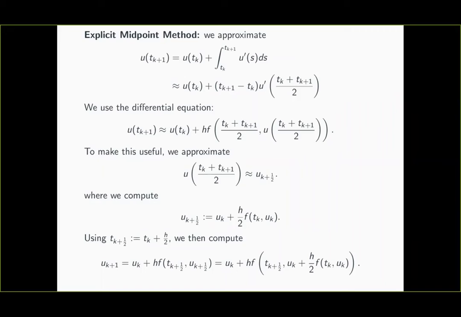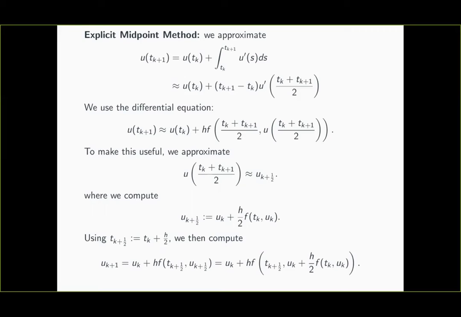One idea is to use the midpoint rule to approximate the integral. One way of doing that is known as the explicit midpoint method. So again, we have the integral formulation of the ordinary differential equation. u at time t_k+1 equals u at time t_k plus the integral from t_k up to t_k+1 of u prime.